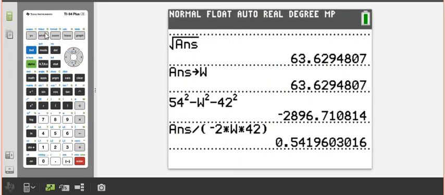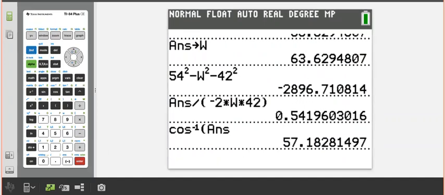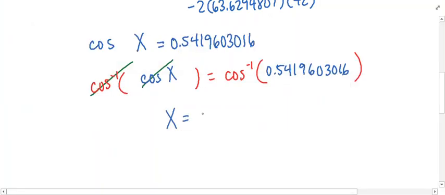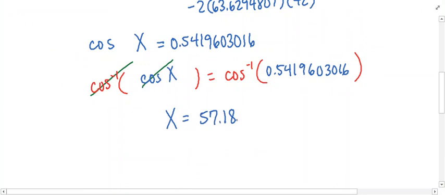So let's do the cosine inverse of this quantity. Here it is, 57.18281497. This is measured in degrees because our calculator is in degrees.